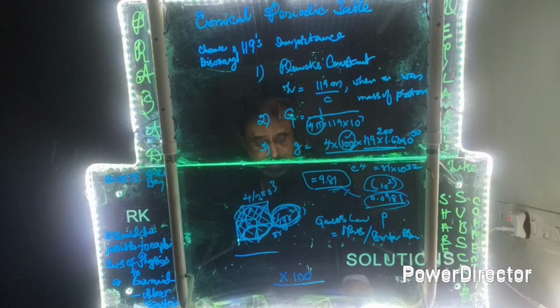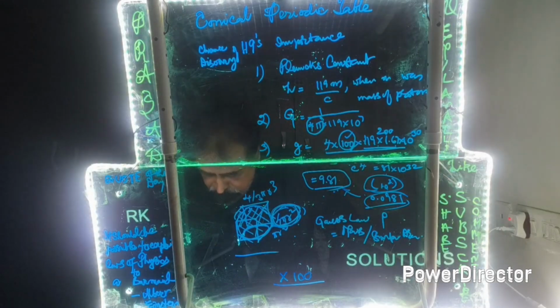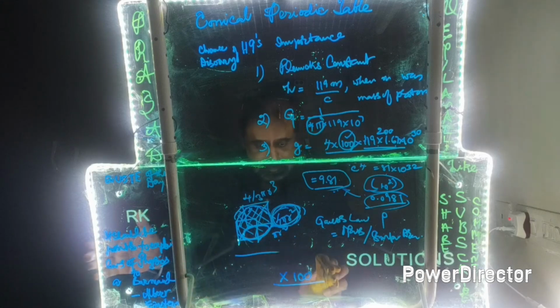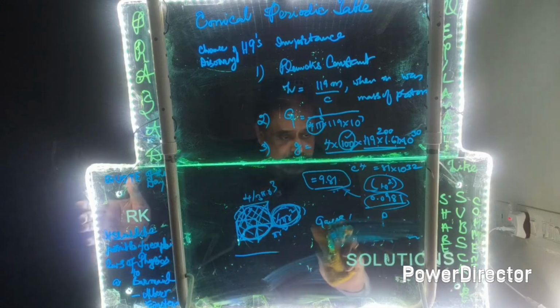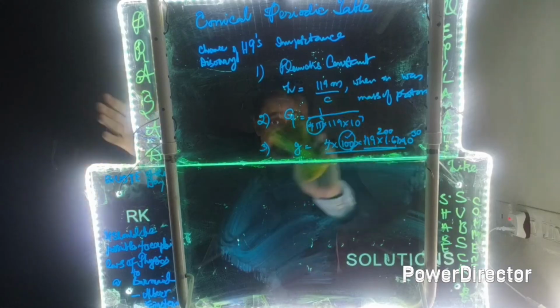Now that got me thinking, and I always used to have one idea at the back of my mind, that the structure of the periodic table is somehow wrong. It should be different.